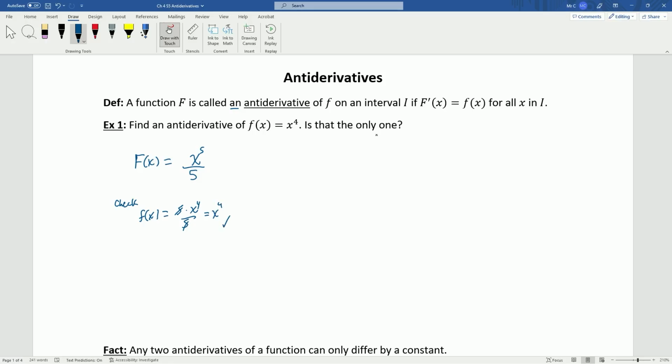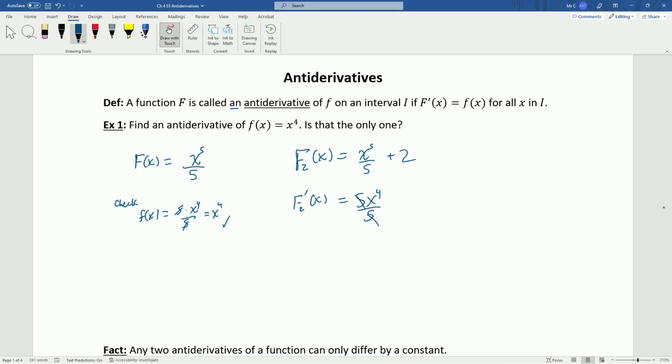Okay, but is it the only one? This process of checking should actually maybe be the hint. Because if I had just added a constant value here, say plus 2, then the derivative of this F2 would still be 5x to the fourth over 5, since the constant would be canceled.